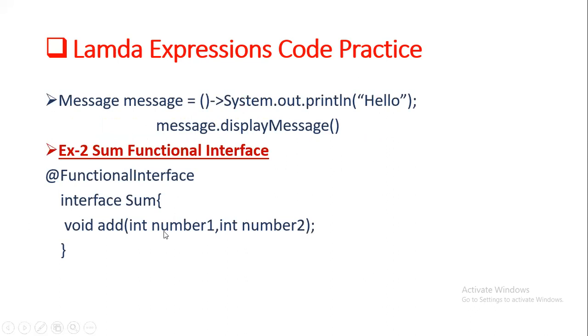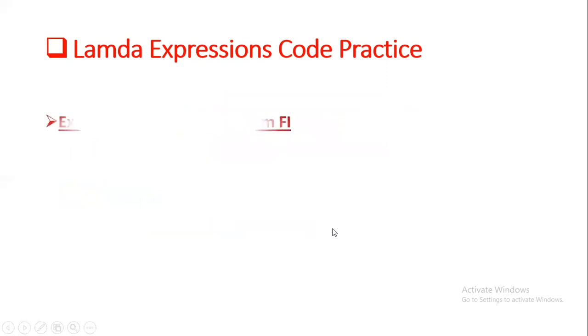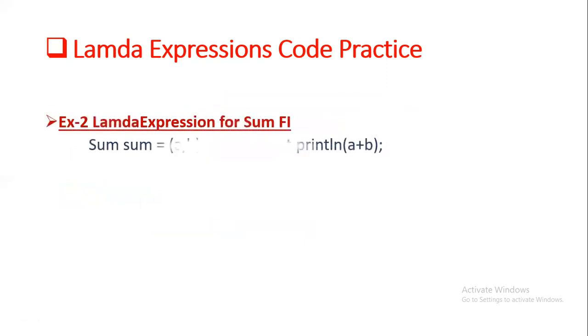Here number one and number two are there, but no need to use the exact names. You can take any name, but two parameters should be there, and the parameter data types are not provided. So here a, b indicates the lambda expression, and we do the sum of the two numbers.